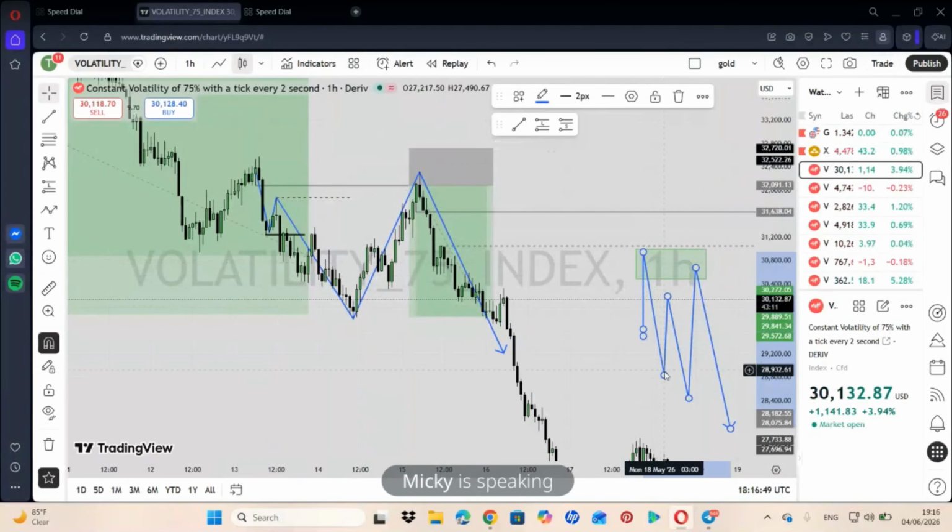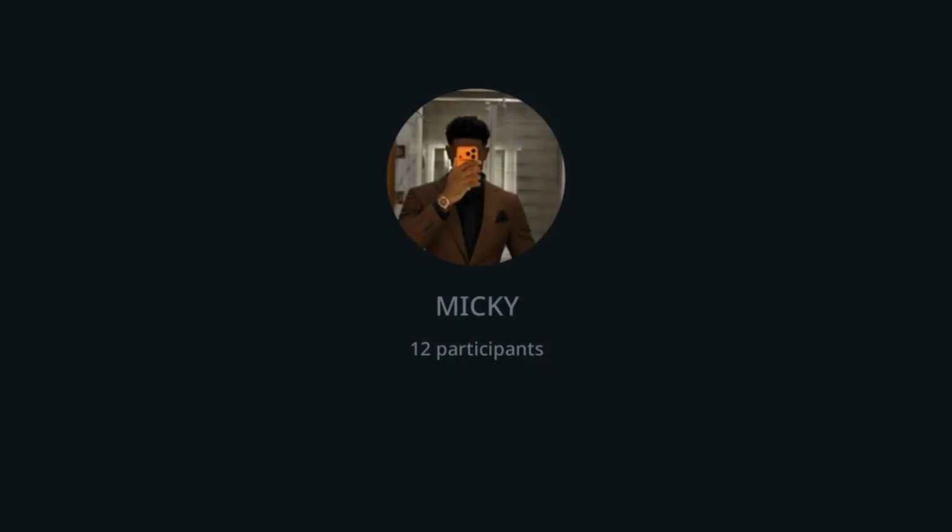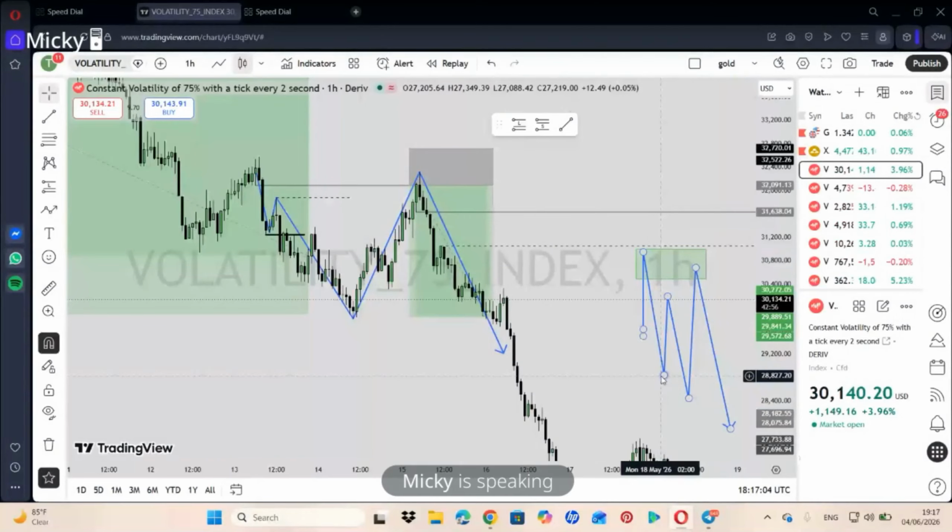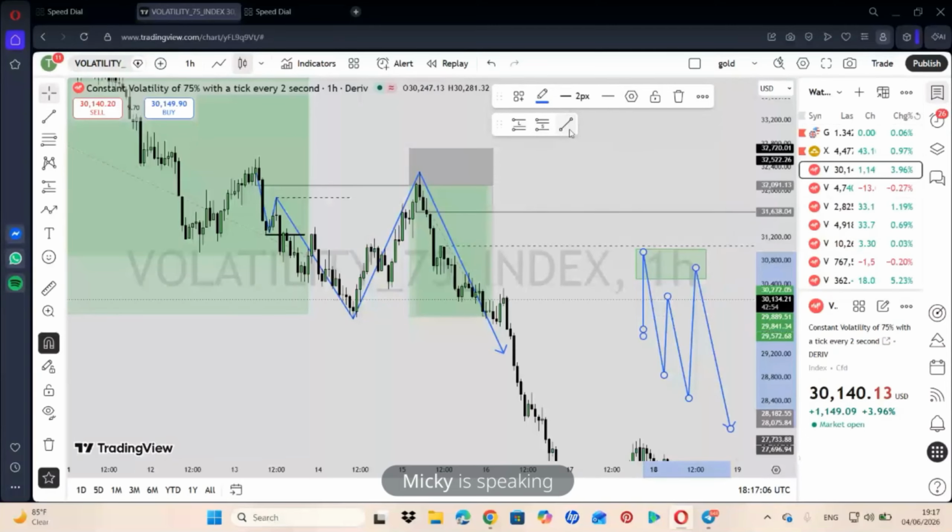Price came here and gave us liquidity, then gave us a second break of structure, which broke below the support level. Sorry, price broke below the support level. This is the second break of structure, which is the same thing that we have here. Second break of structure to the downside.